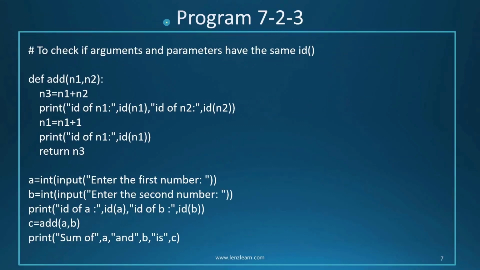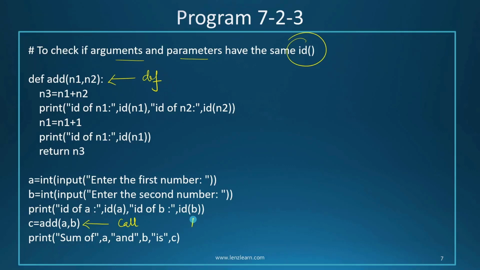Now I have already discussed with you whether the arguments and parameters have the same ID. We will discuss this with an example, right? So this program will actually make it clear to you how the parameter and the argument work together. So here you can see this is the function call and this is the function definition for the function called add.